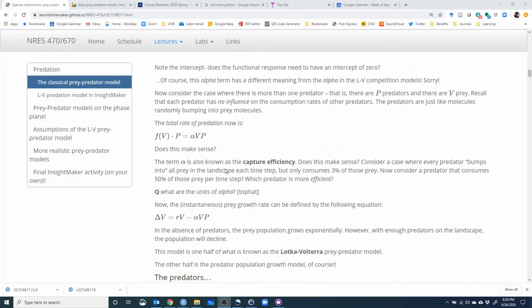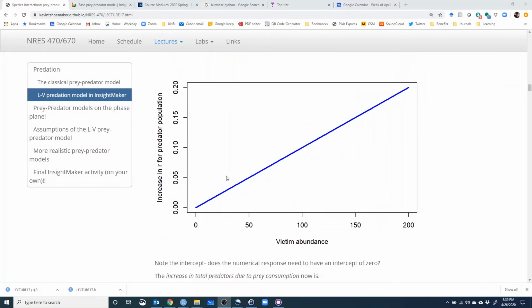And then the numerical response looks a lot like the functional response, but it is a model that predicts the increase in the per capita growth rate of the predator population due to prey consumption as a function of the victim abundance, or the prey abundance. The more prey abundance there is in the landscape, the greater the increase in the growth rate of the predator population due to prey consumption.